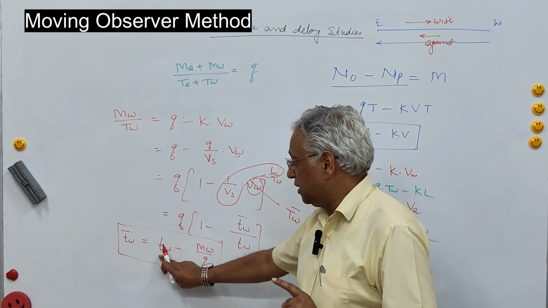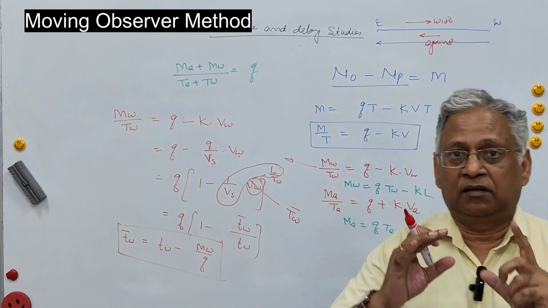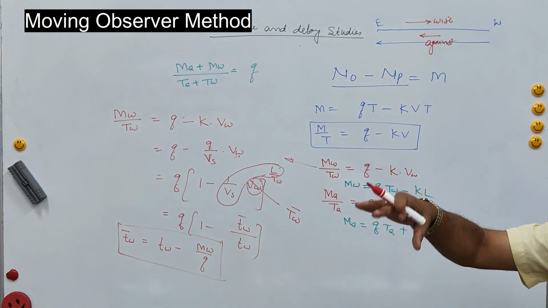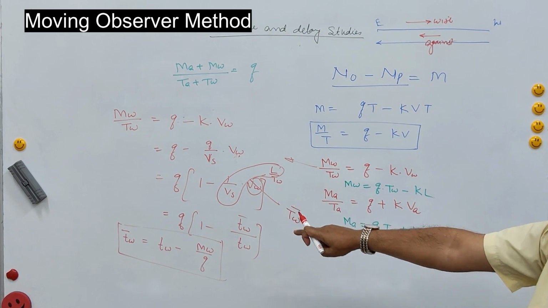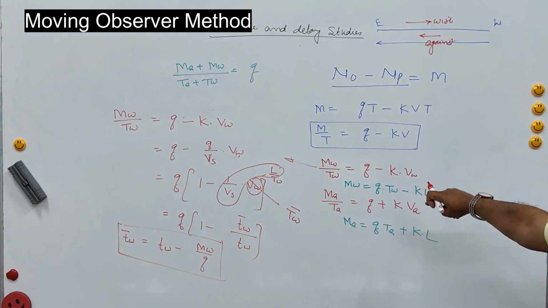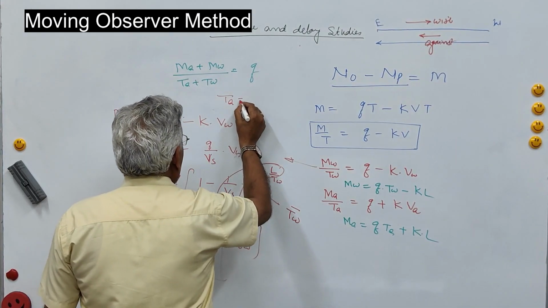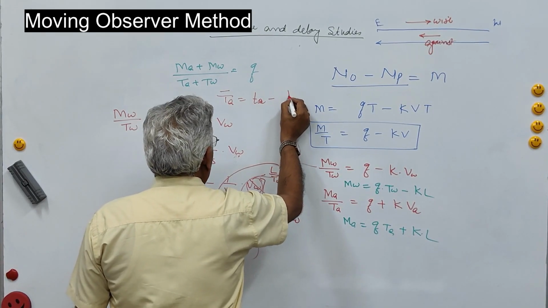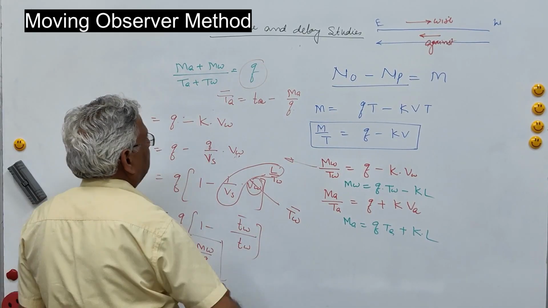This is the time taken by the test car, and this is the average time taken by the stream. If the test car moves at a speed equal to the stream speed, then this T bar will be equal to tw. Similarly, you can find out in the opposite direction also. Ta bar will be equal to ta minus ma upon Q. Q is from this equation.